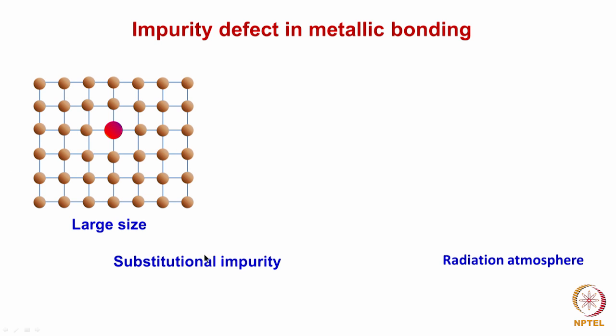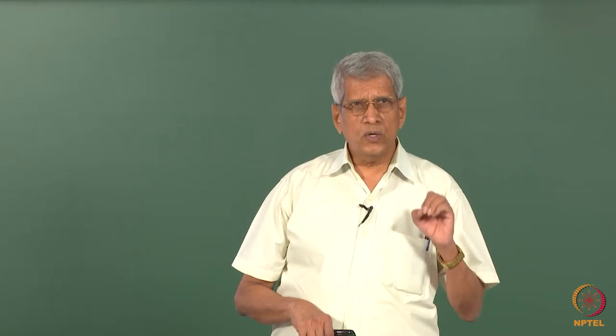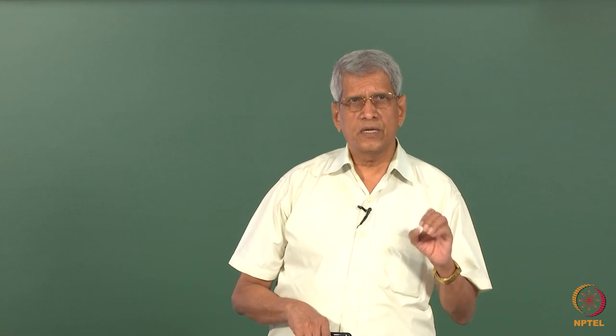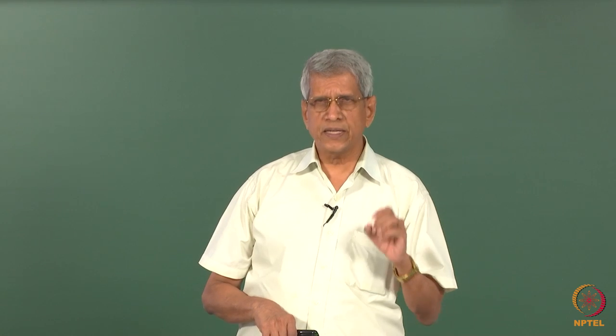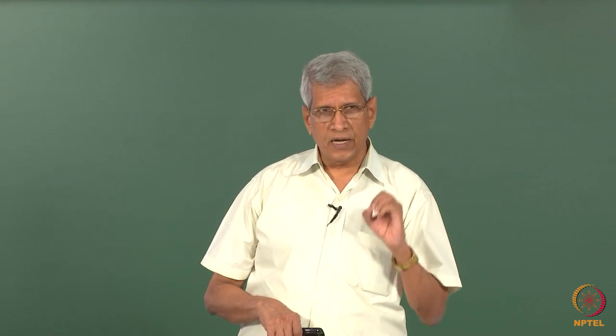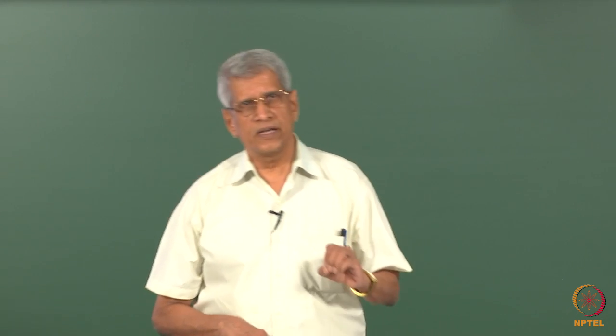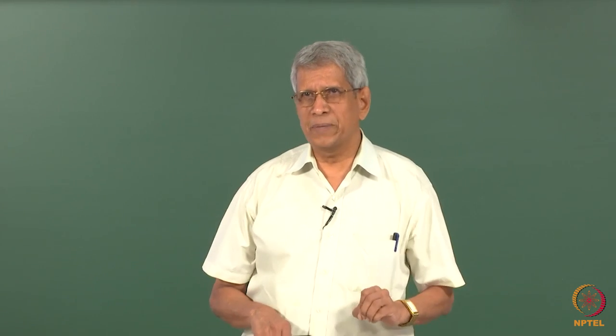That impurity could be either larger than the neighboring atoms, or smaller than that. In these cases also, they will introduce distortions locally around the lattice site. That is what leads to strengthening of the material, hardening of the material.